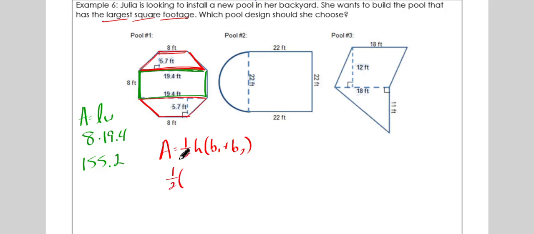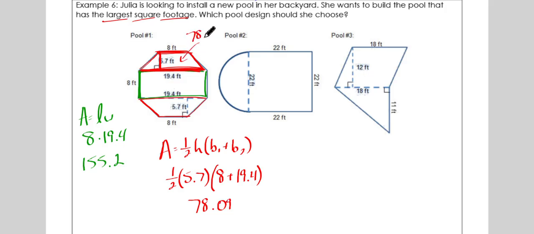So 1/2, the height of the trapezoid is that 5.7. Base 1 and base 2, again, these are pretty much interchangeable. If you flipped it upside down, they would switch. But on the formula sheet, base 1 is on the top, so I'm going to keep that consistent. Say 8 is base 1, 19.4 is my base 2. So the trapezoid has an area of 78.09.